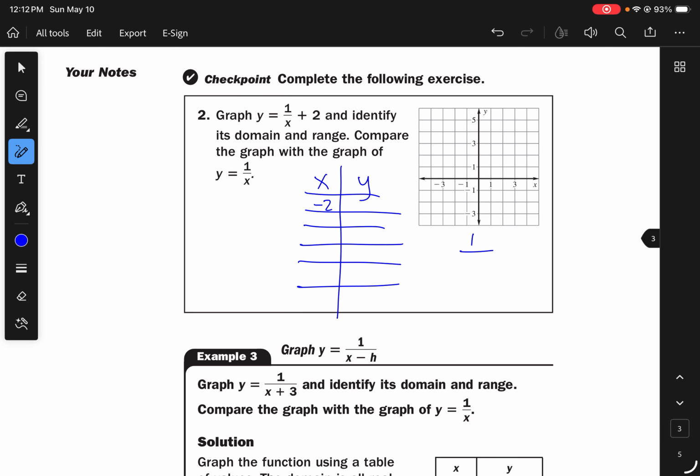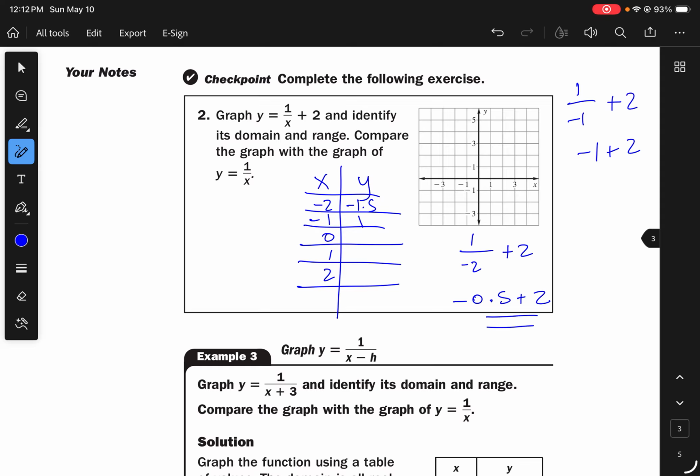If I had 1 over negative 2, plus 2, or negative 0.5 plus 2, I'm at 1.5. Let's just go by 1, see if that's enough, and if we need to, we'll add to that. 1 over negative 1, plus 2, negative 1 plus 2 is 1.